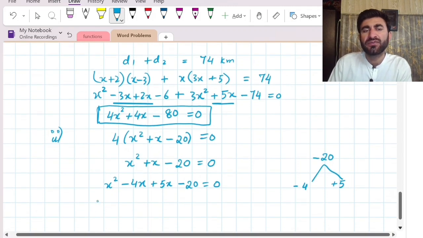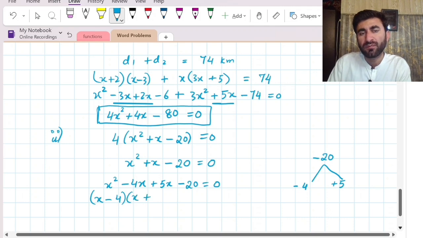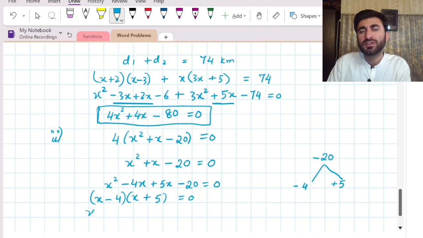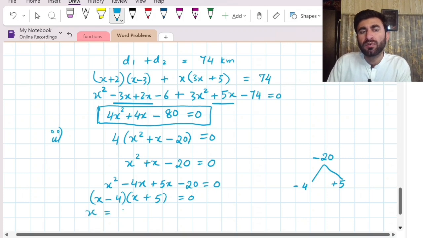We can see the factors will be x minus 4 times x plus 5, and it equals 0. Now the values of x are x equals 4 and x equals minus 5. So these are the two values of x where it says solve the equation.